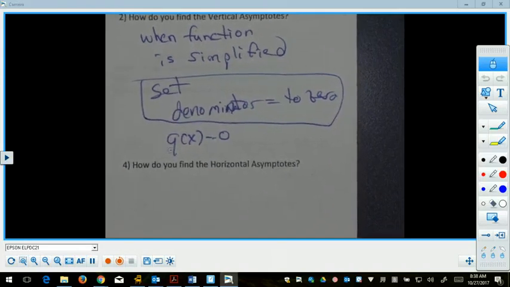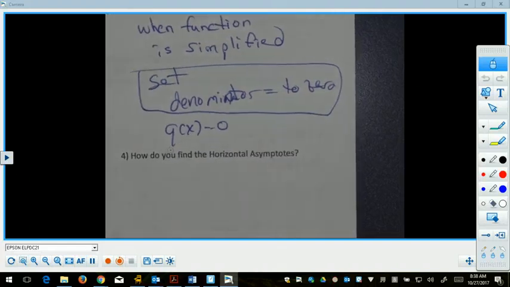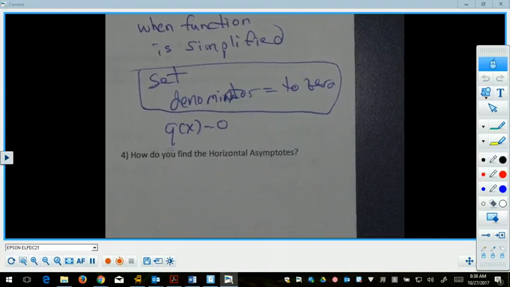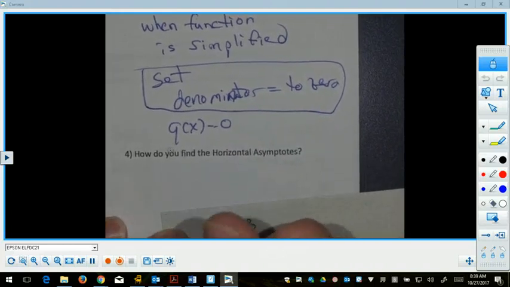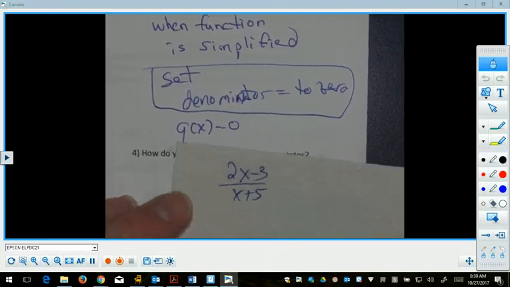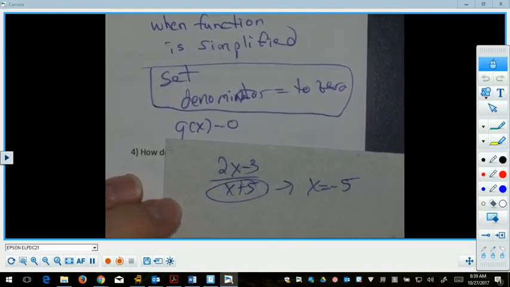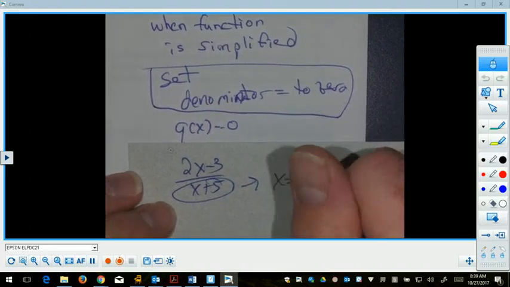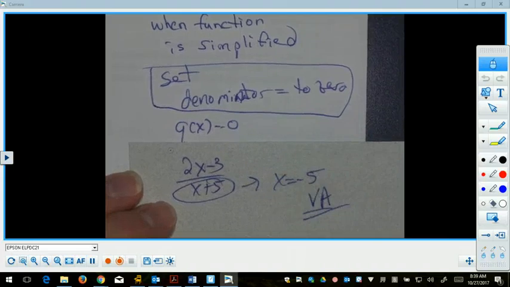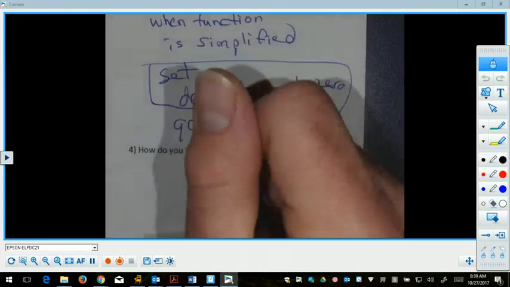So on our other problem, which was 2x minus 3 over x plus 5, it's already simplified. If I set that denominator equal to 0, I get x equals -5, which you guys knew was a restriction on the domain. But in this case, because it's a restriction, we're going to have a vertical asymptote there.